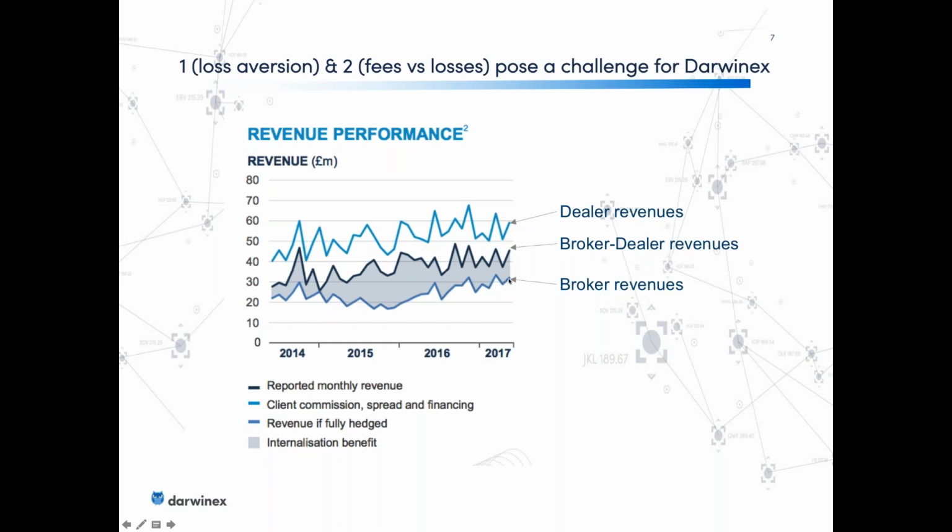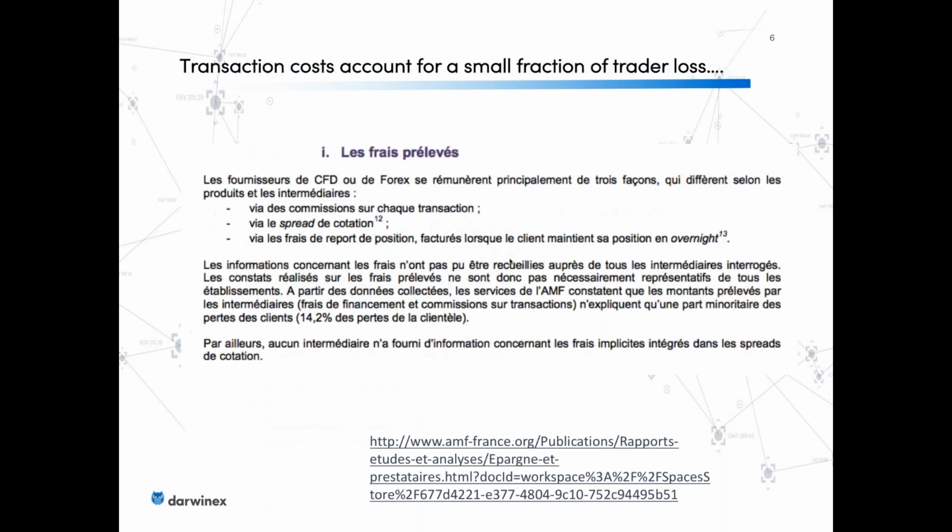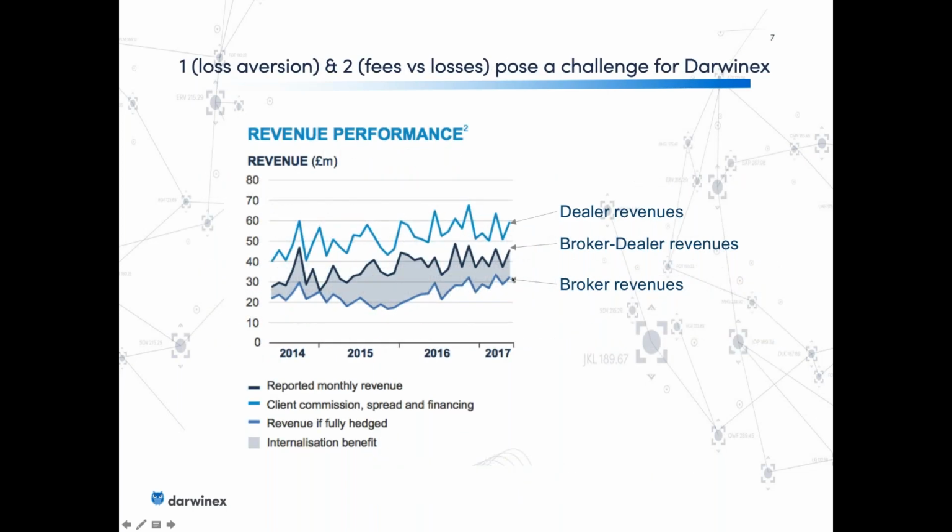So this number of sort of 31. If instead of being a broker dealer they had been a pure broker, which is what Darwinex is, they would have made, sorry, apologies for that. Instead, they made far more by being a broker dealer, which is in the region of 45, 46, than they would have done if they had been a pure broker.